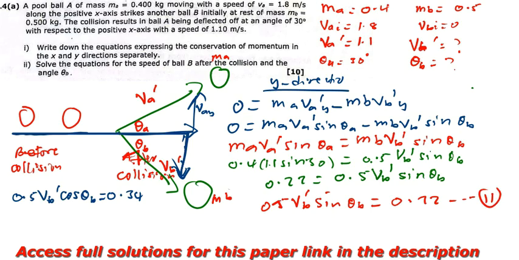So the equation for x separately, the equation for y separately, done. But question 2 is saying solve the equations for the speed of bob B. So let me just write this one here. 0.5 VB prime sine theta B being equal to 0.22. So this is equation 1 and that's my equation 2. Done.